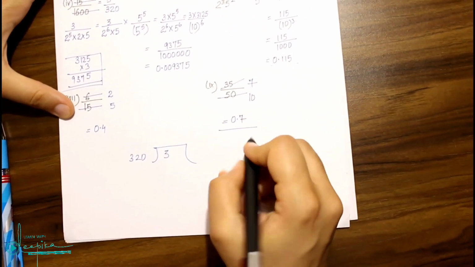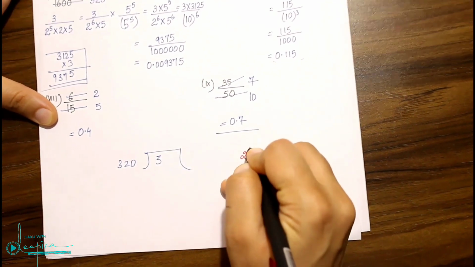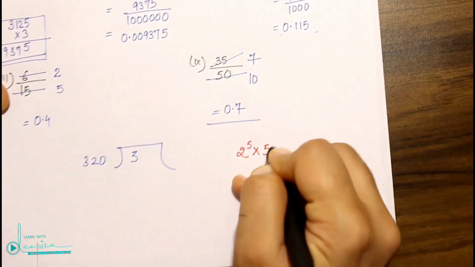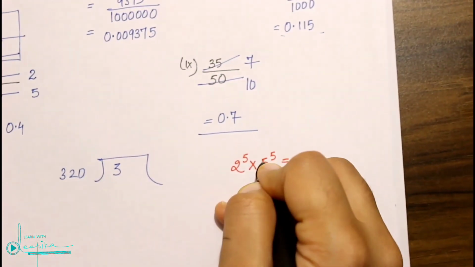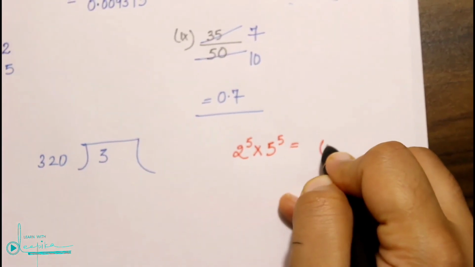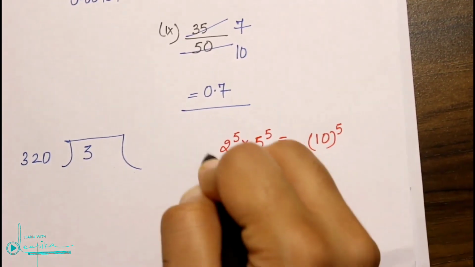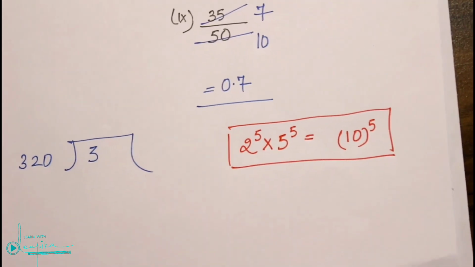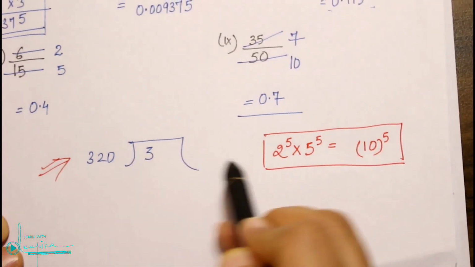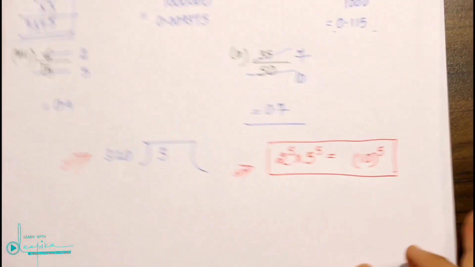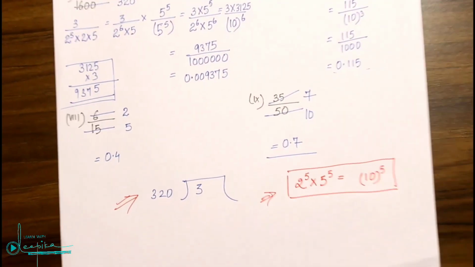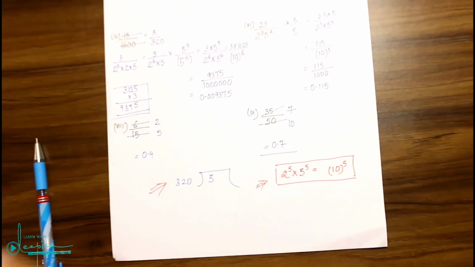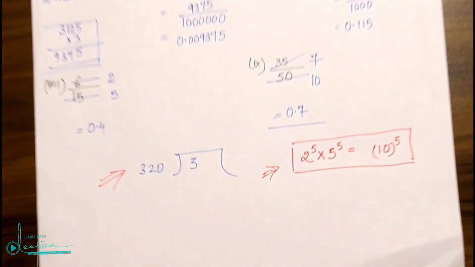In this case I'm using a rule: if both of them have the same powers, then using laws of exponent you can write it as 10 raised to power 5. So the choice is typically yours whether you want to go this way or use this rule, because when we have 10 in the denominator, it's very easy to convert to decimal form.